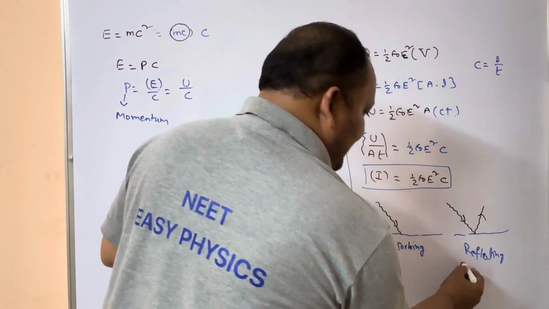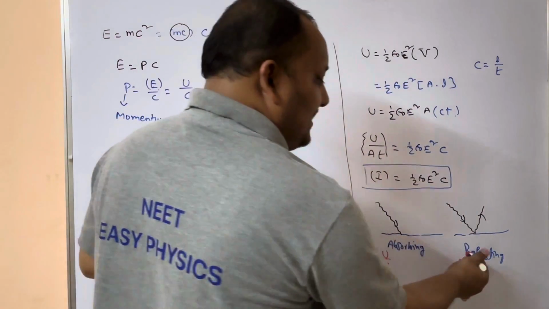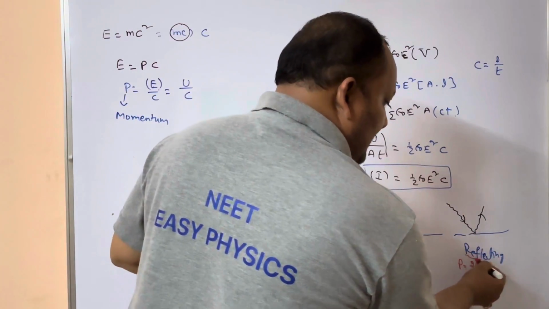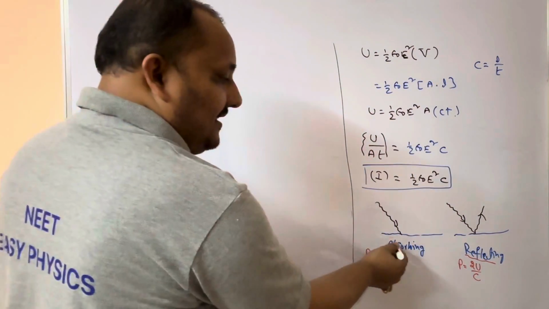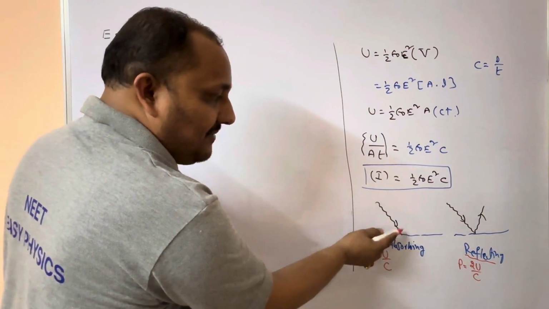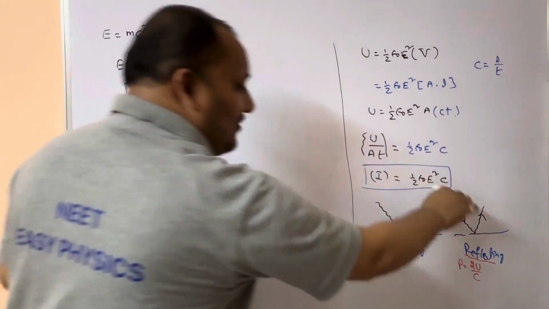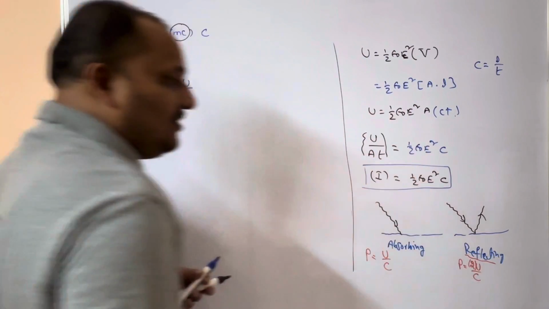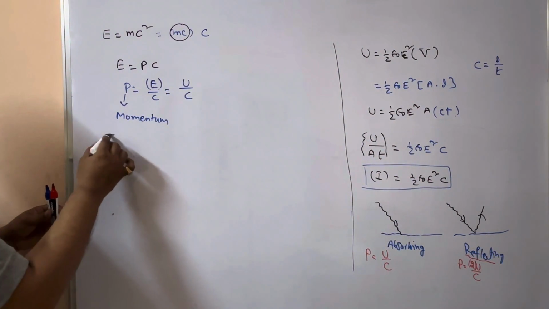Next, for a reflecting surface, the momentum is 2U by c. Whenever 2 is there, that is a reflecting surface. Whenever 2 is not there, it is only absorbing. Here, it is incident one time and reflected one time. Therefore, you are going to get 2. This is about momentum.